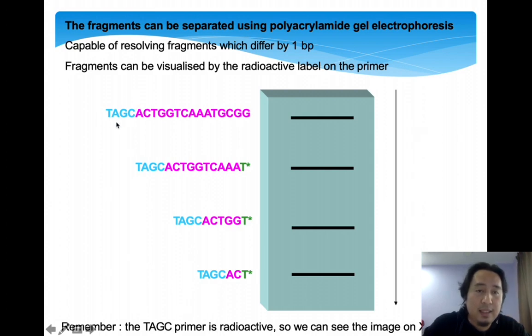So this is the TAGC primer, and this is the whole sequence, right? So this is the labelled primer, and the first example uses ddTTP. Whenever it meets a T, it will terminate. So this is the first T, this is the second T, and this is the last T. So the bands will differ based on size.